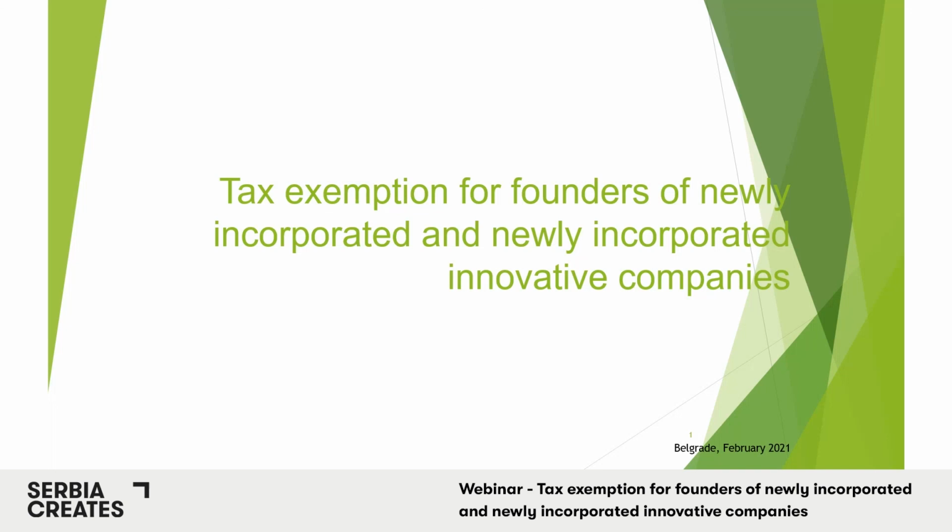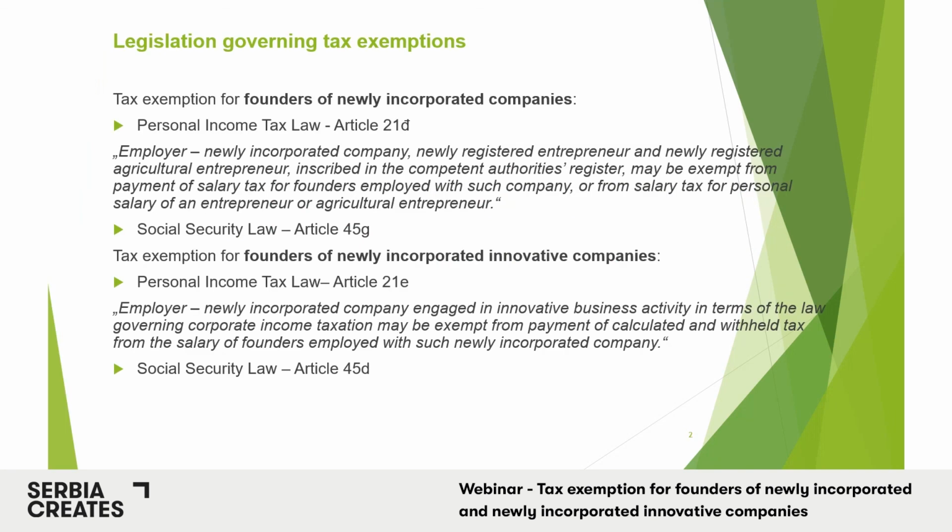The presentation itself, which you will get, is tailored to compare this incentive with an incentive which has expired. Essentially, what our law stipulates, if you would like to look at this provision by yourself, is that the special incentive for the creators of innovative startups is provided in Article 21E of the personal income tax law and in Article 45D of the mandatory social security law.